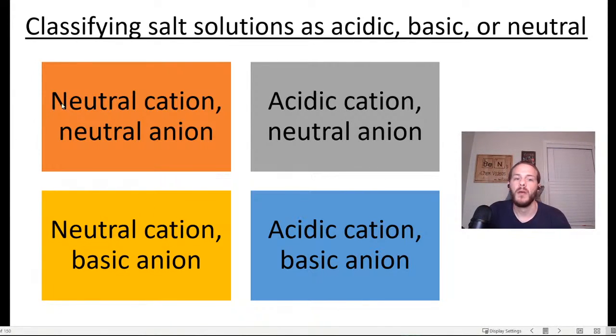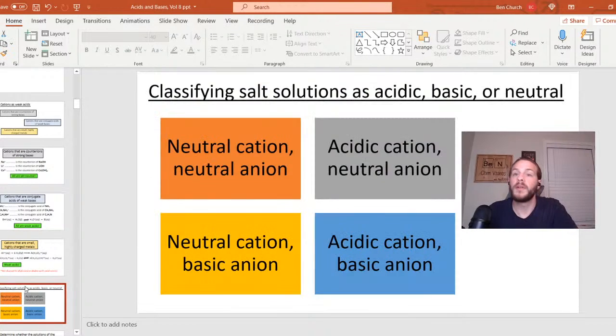Either you have a neutral cation and a neutral anion, an acidic cation and a neutral anion, a neutral cation and a basic anion, or you have an acidic cation and a basic anion. Let's go through all of these situations individually, and we'll see if we can predict whether these types of solutions would be acidic, basic, or neutral.